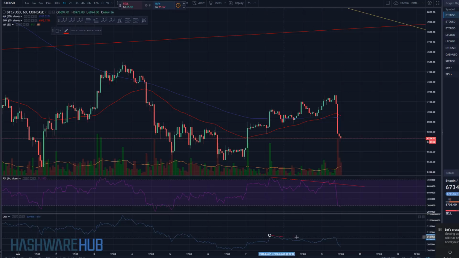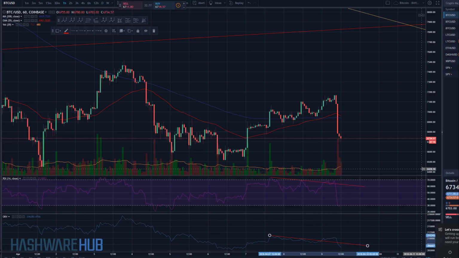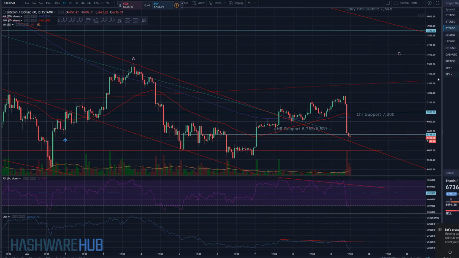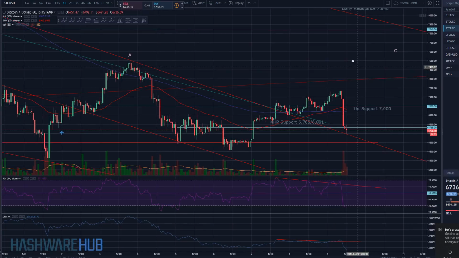As far as unbalanced volume is concerned, it's a little bit of a mixed bag. Regardless, overall, it's a divergence on unbalanced volume with regards to what's happening with the price. So that's kind of the way that we look at things as far as that's concerned.